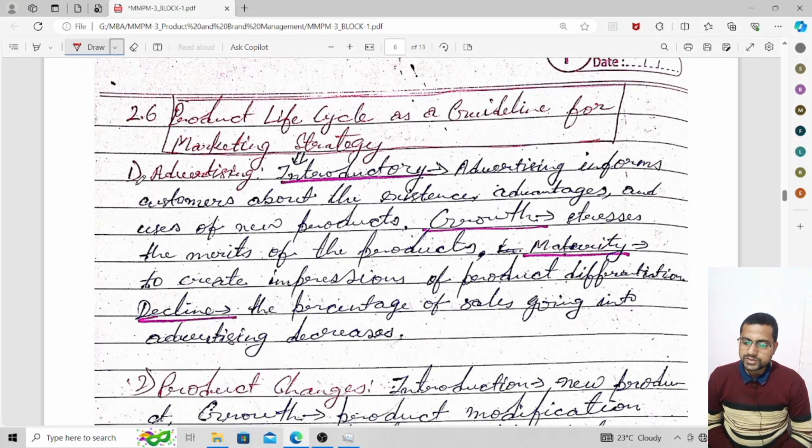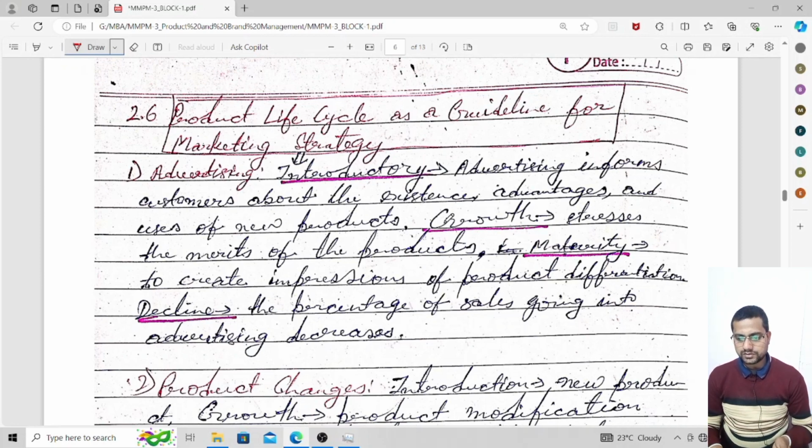In the introductory stage of the product, advertising informs customers. So what kind of advertising should it be? It should inform customers about the existence, advantage and uses of the new product. In the introductory stage, advertising should focus on informing customers about the existence, advantage and uses of new products.